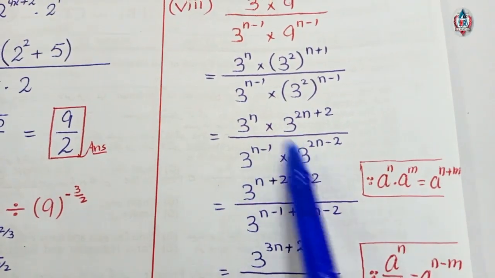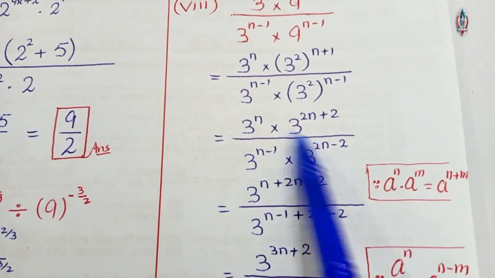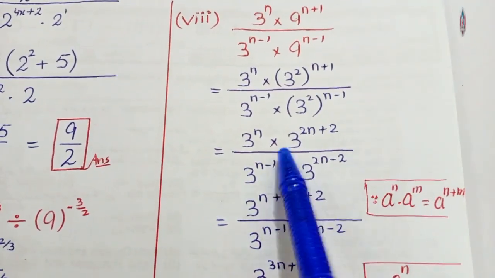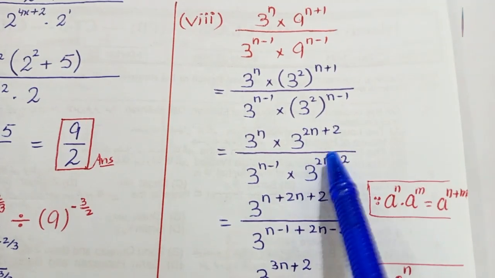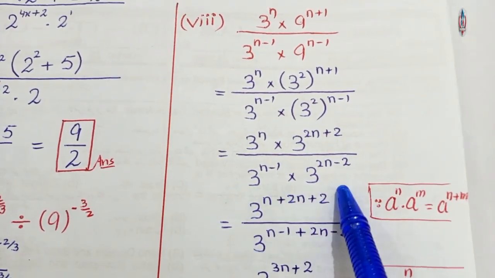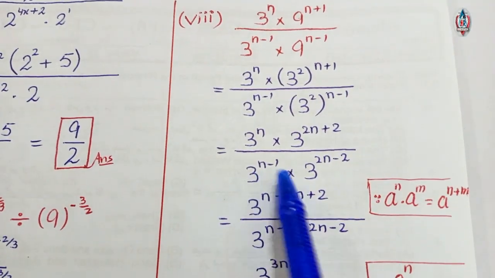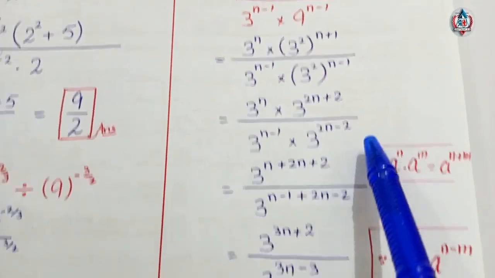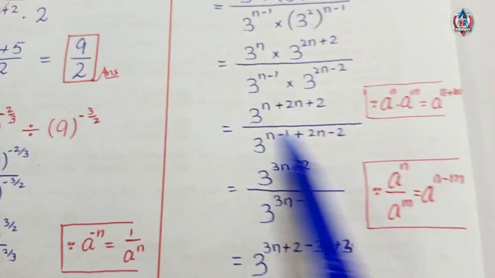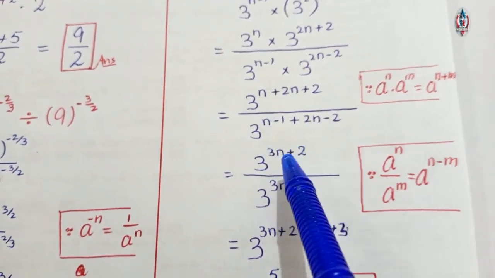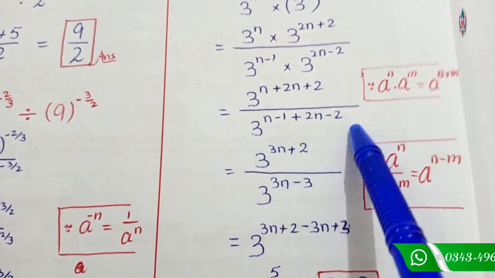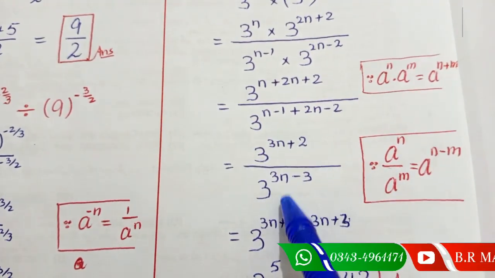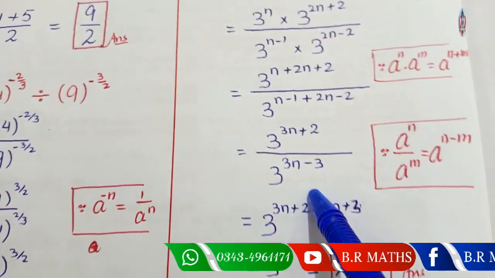So all bases are the same, so multiply bases, the powers combine: 3 raised to power n plus 2n plus 2, and in the denominator also combine the powers: 3 raised to power n minus 1 and 2n minus 2. So n plus 2n becomes 3n plus 2 and in the denominator n plus 2n becomes 3n minus 3.